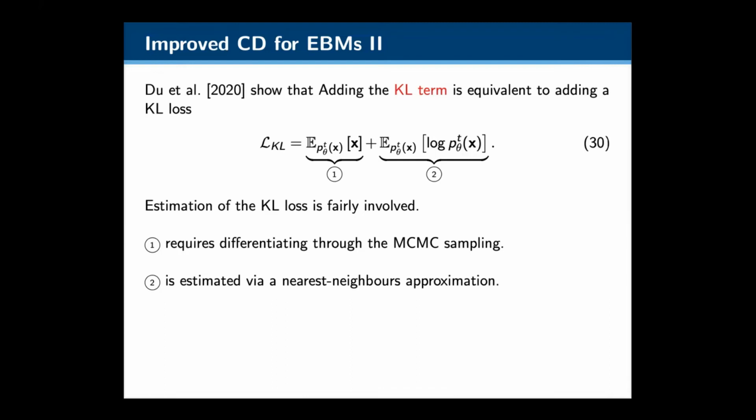And the other thing we have to do is estimate this entropy term, the term 2 in our loss. And Du et al. estimate this with a nearest neighbors approximation, which they note doesn't really work in high dimensions. It works fine in low dimensions, but in the problems we actually care about, it doesn't work so well.